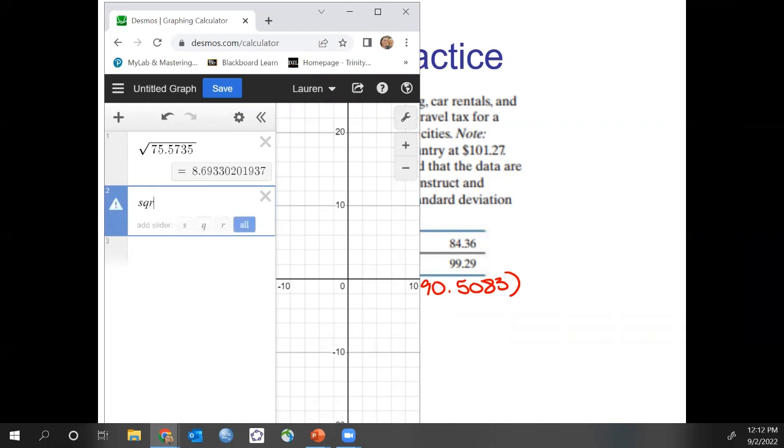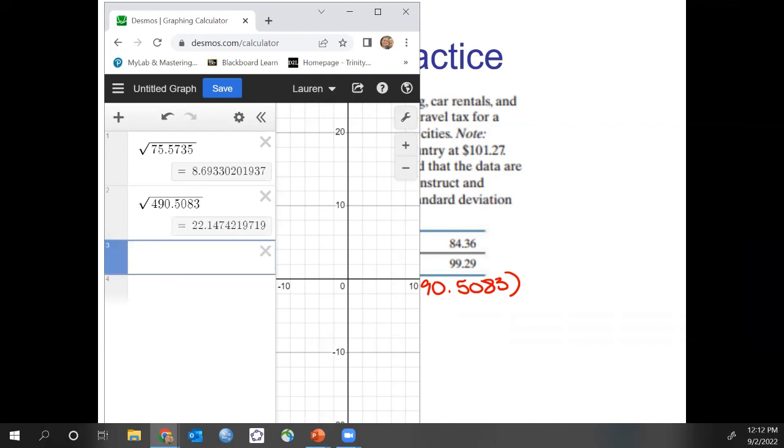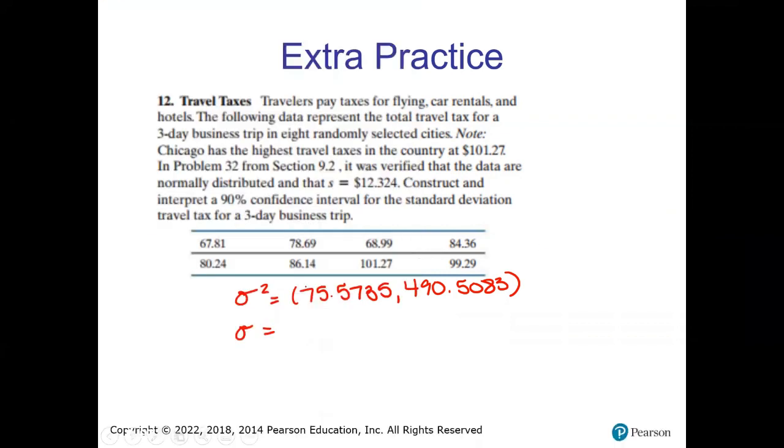So SQRT of 490.5083. Okay, so we've got 22.147. Our confidence interval is 8.693 to 22.147.